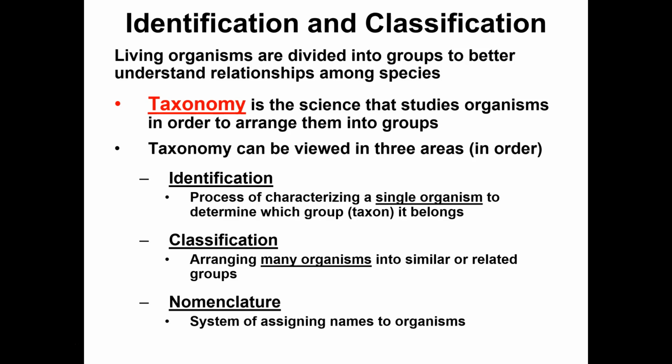And then we're going to look at classification schemes. Okay, so once you have a bunch of identified organisms, what is the best way to decide who is related to who? Should you go by behavior? Should you go by genetics? What sort of scheme are you going to use there? And then lastly, and very simply, we're going to talk about nomenclature. So how do we decide what names to give new organisms?